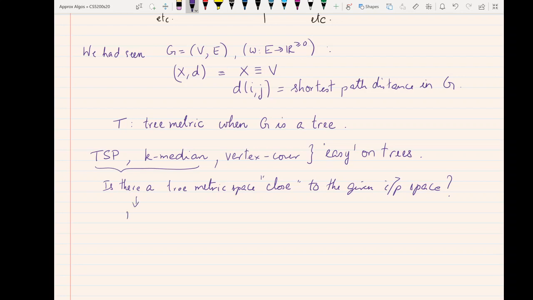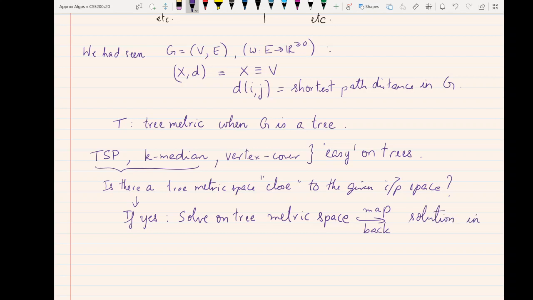If yes, then one possible way of going about solving these problems would be to solve it on this tree metric space, because it's really easy to solve it there, and then somehow map the solution back to a solution in the general metric space.